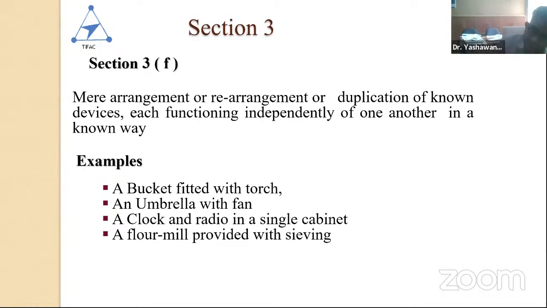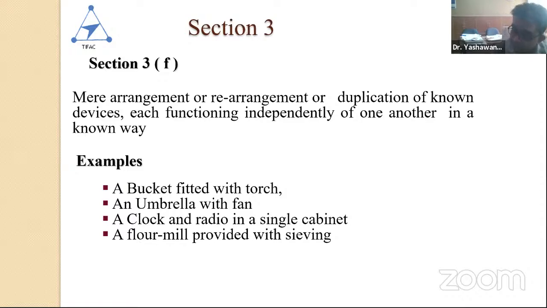When we arrange and rearrange known devices, the complete function of those different components is possible because of interdependency of special function of each device. And the function of one component is altering the function of another component in the whole scheme of arrangement and rearrangement of known devices.